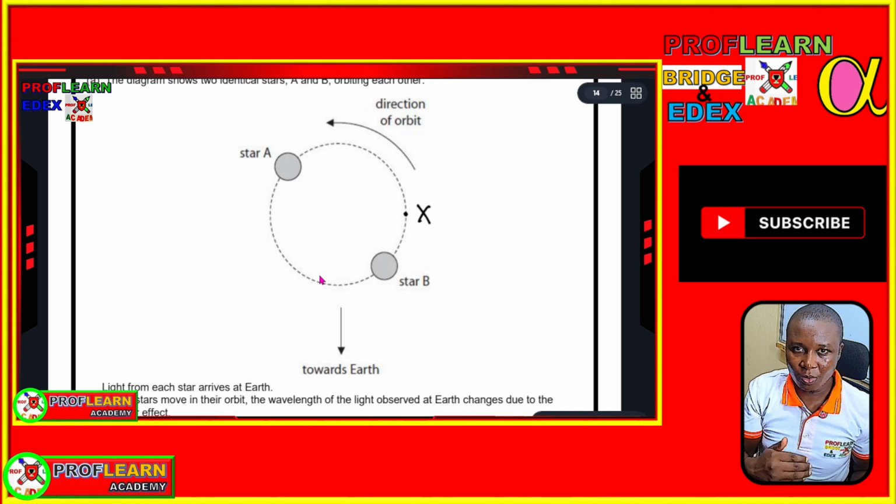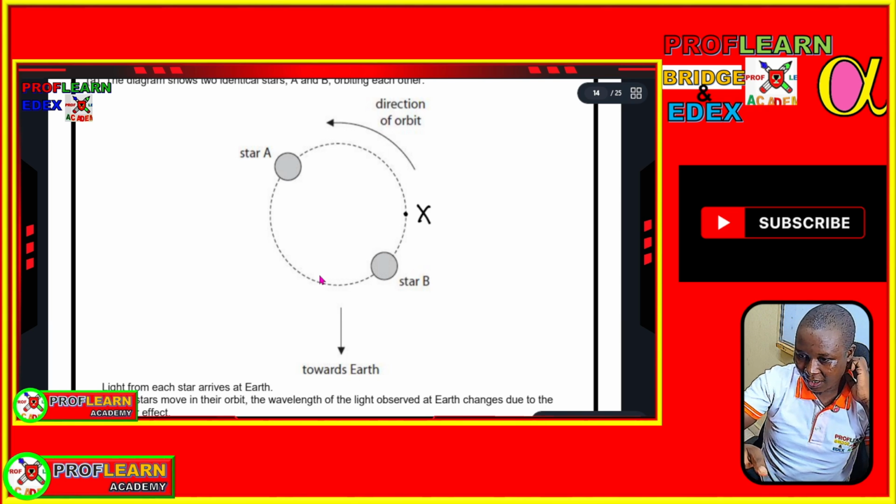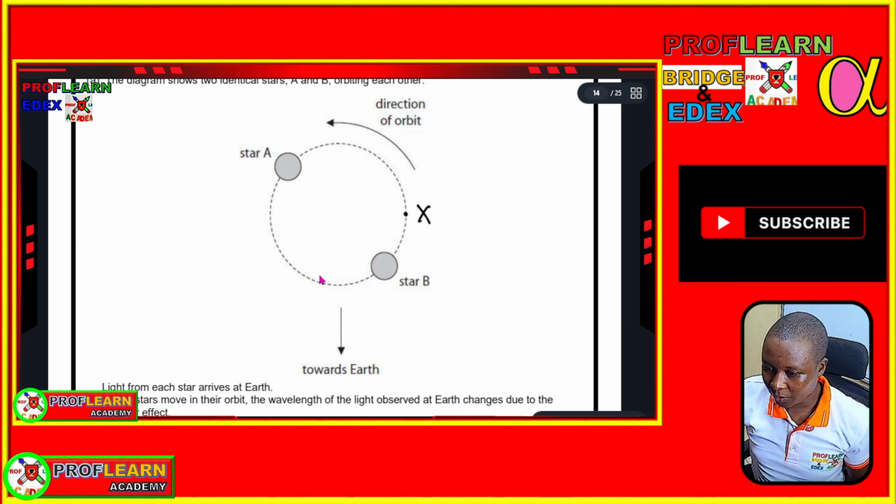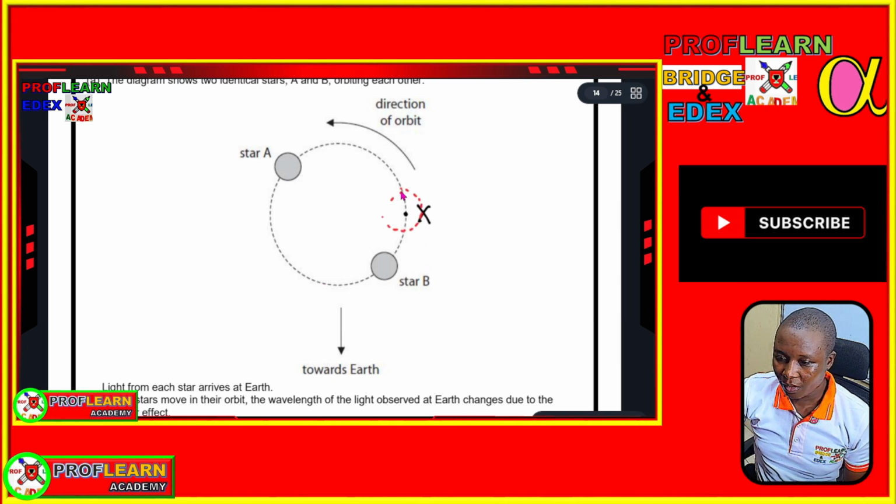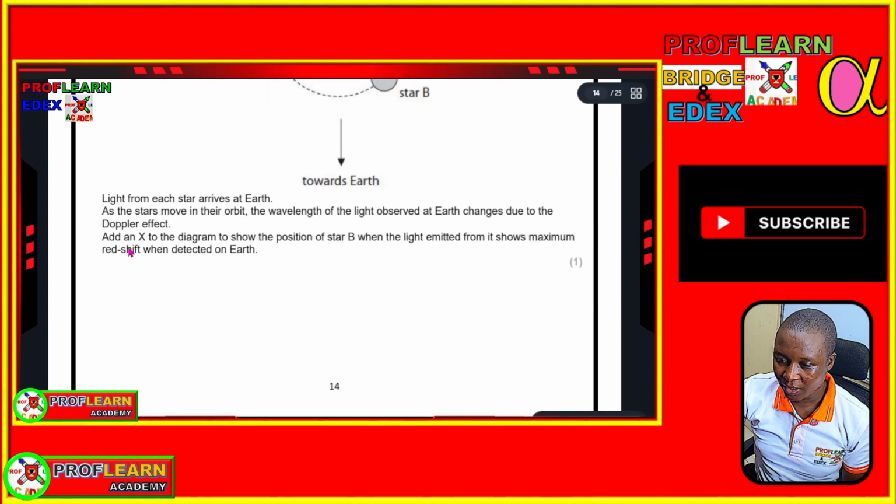So the wave observed from Earth will be shorter. Here the star will display maximum wavelength as it's moving away.